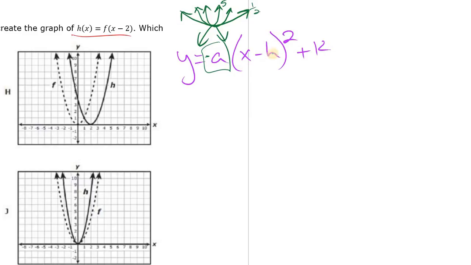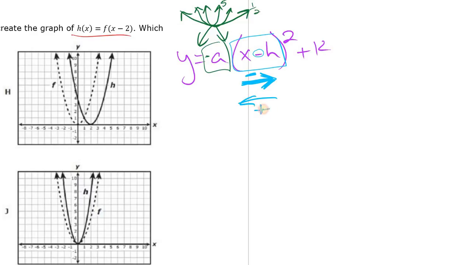This middle term inside of the parentheses makes it go left and right. When would it go right? Normally we think of moving right on a graph if we're moving in the positive direction, but you have to remember if it's in the parentheses, because of the equation formula, if it's negative in the parentheses, that's making it move to the right.